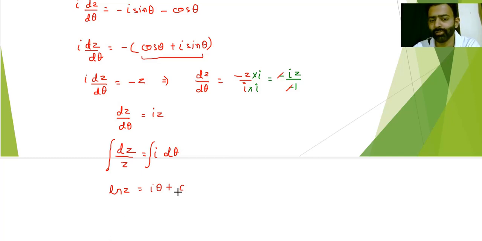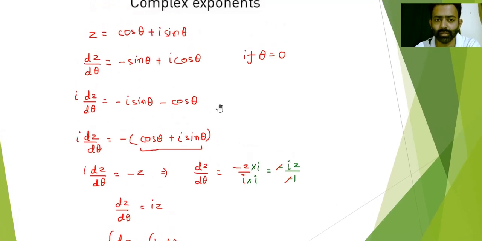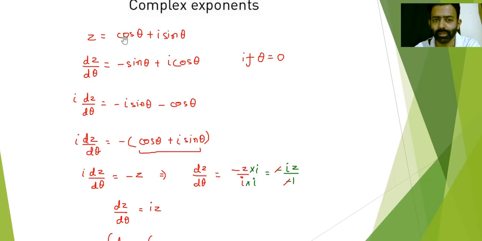Now in order to find the value of c, let us see how we can find this constant. If I put theta equal to 0 in the original equation, then i times sine 0 becomes 0 and cos 0 becomes 1. So the z value will be 1.